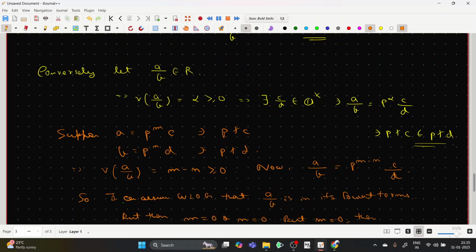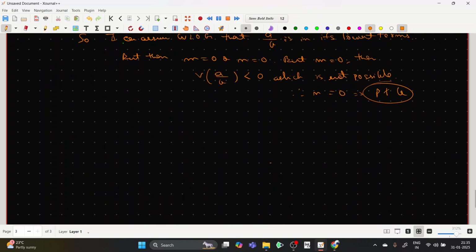So I actually don't need a contradiction here. I'll get a direct evaluation that P does not divide B, which implies that the valuation of B is 0. Fine, this was the trick. All's well that ends well.